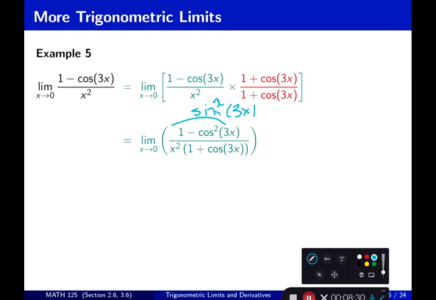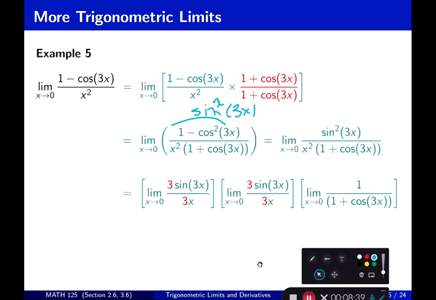And so replacing that by sine squared 3x, you get this expression. Now, I have sine squared 3x, and I have x squared times 1 plus cosine of 3x.